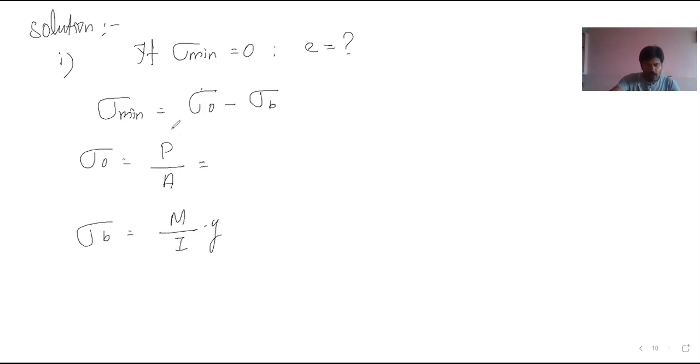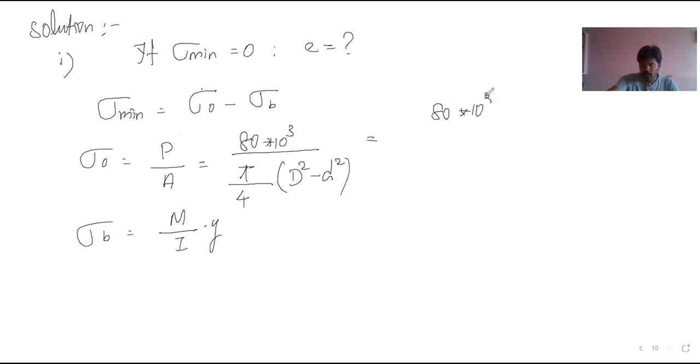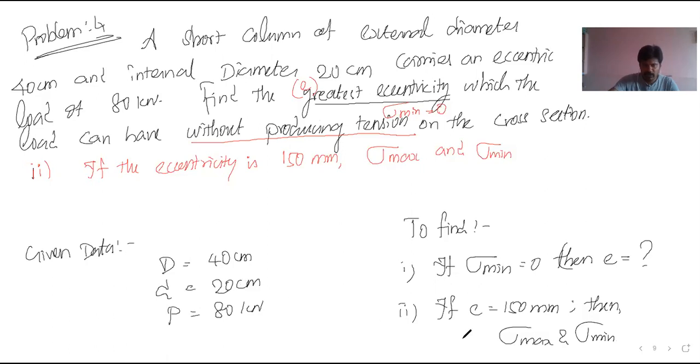The P value they have given is 80 into 10 cube. Area we have to calculate. This is a hollow circular section, so the formula is pi by 4 into capital D squared minus small d squared. So 80 into 10 cube divided by pi by 4 into capital D, 40 centimeter, and small d, 20 centimeter, that is 400 mm and 200 mm.